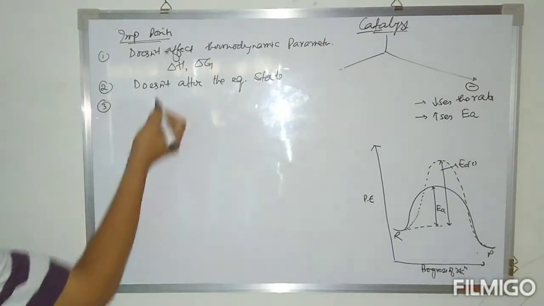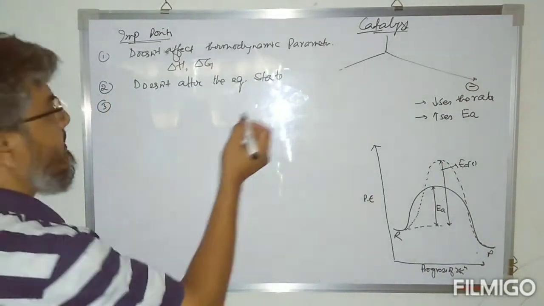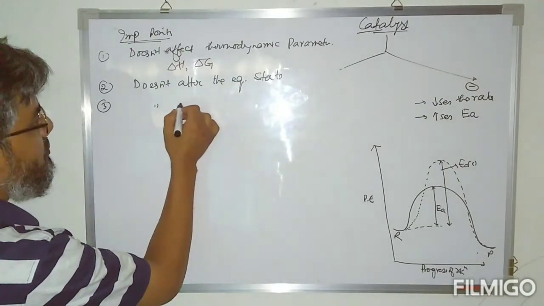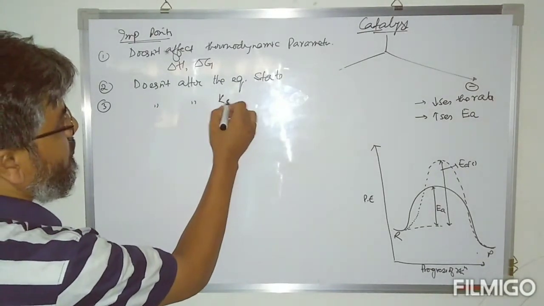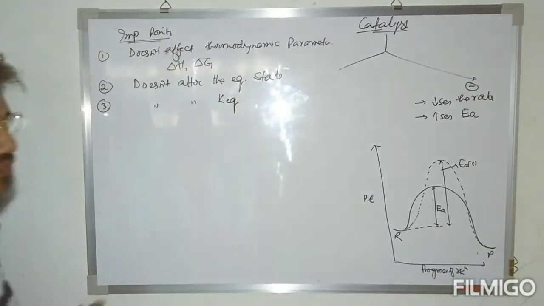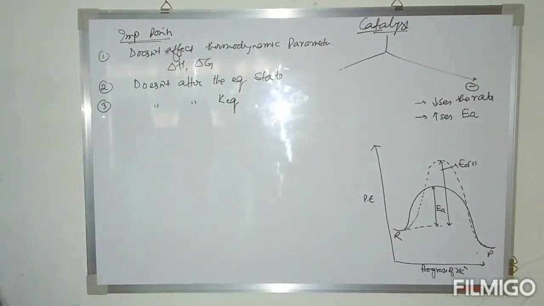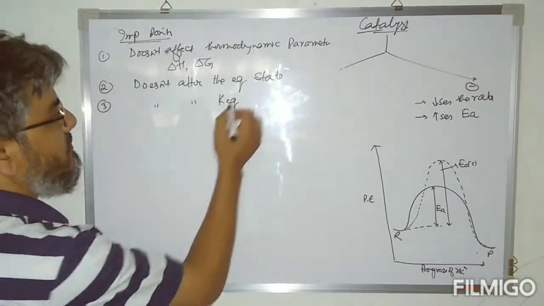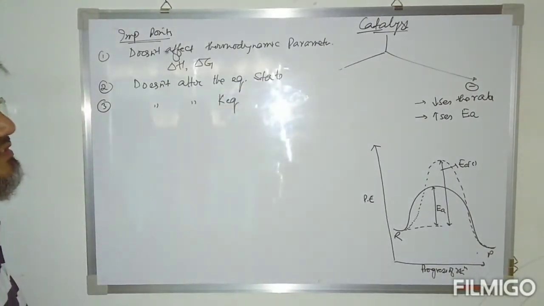If the equilibrium state is not altered by use of catalyst, that means this catalyst does not alter the equilibrium constant also. This equilibrium constant is defined as rate constant of forward reaction divided by rate constant of the backward reaction.